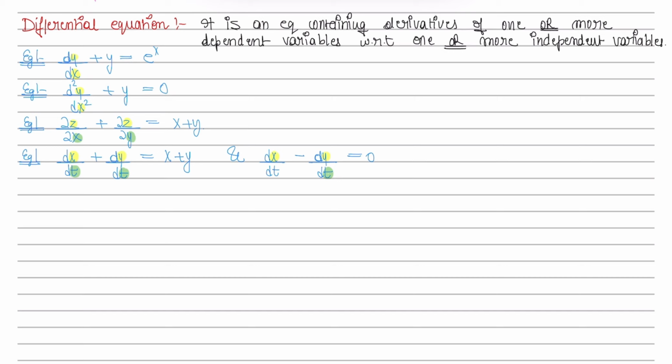In this third example, we have two independent and one dependent variable, but here we have only one independent and two dependent variables.